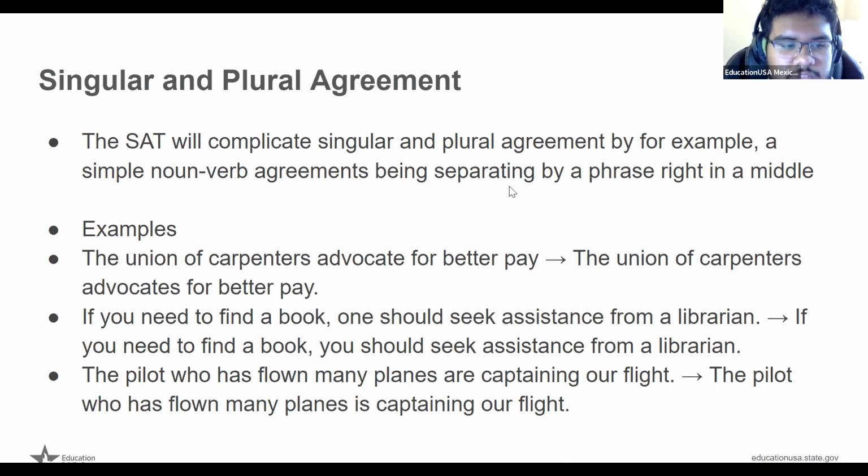If you need to find a book, you is already established as the subject of the whole sentence, because it's talking about you specifically. It's not talking about some abstract person, the way it's saying one should seek assistance from a librarian. So it doesn't flow very right because of that already established subject being you, which is why the correct example is, if you need to find a book, you should seek assistance from a librarian.